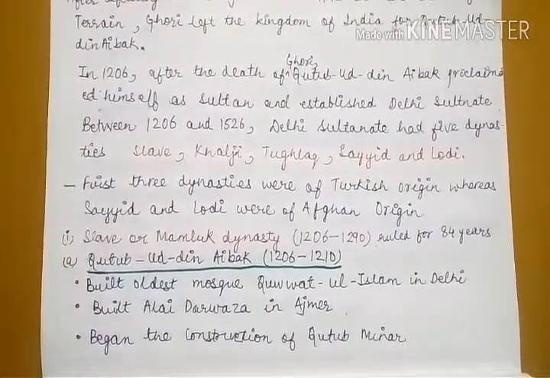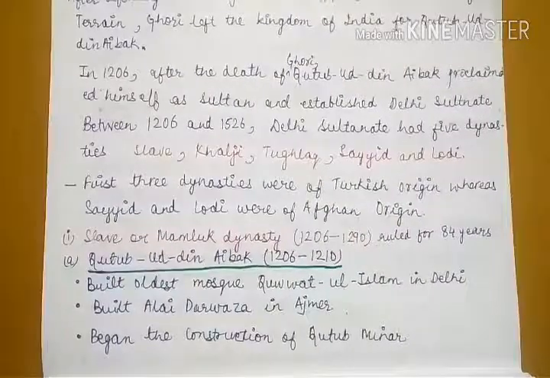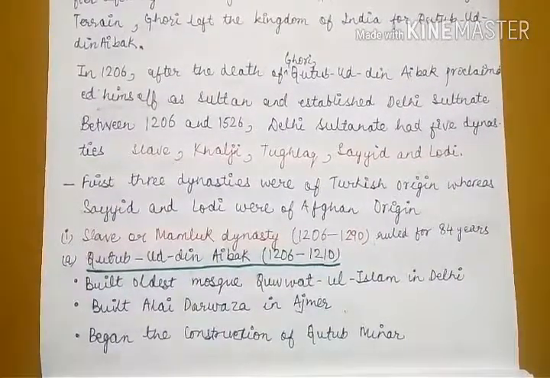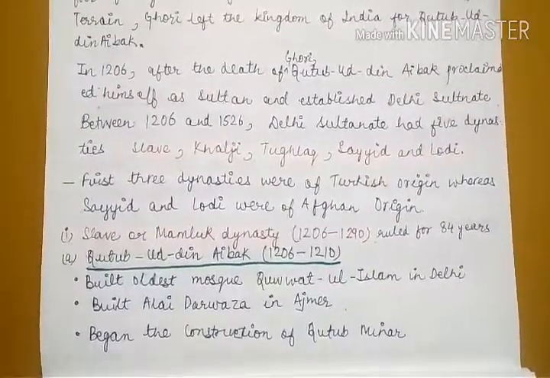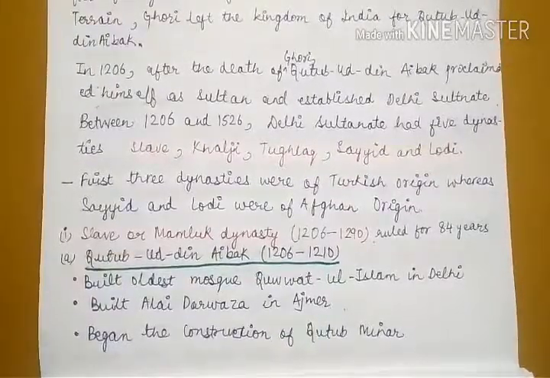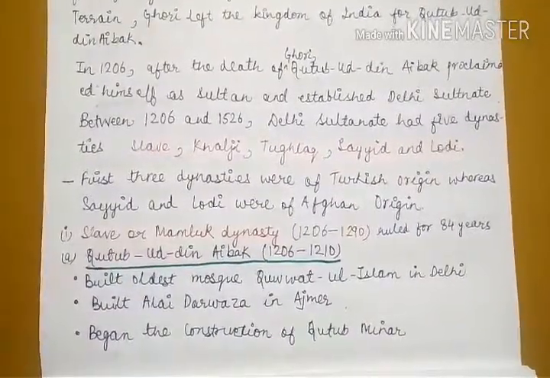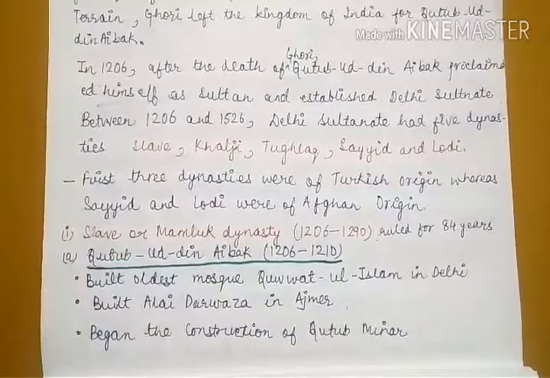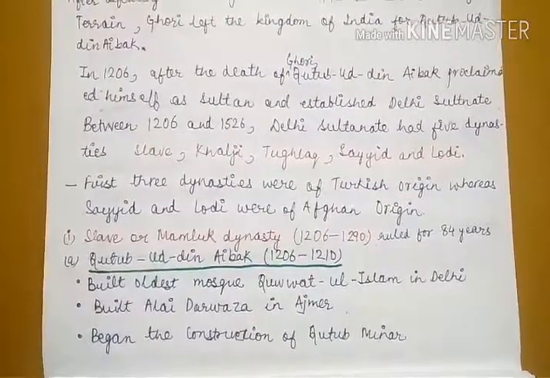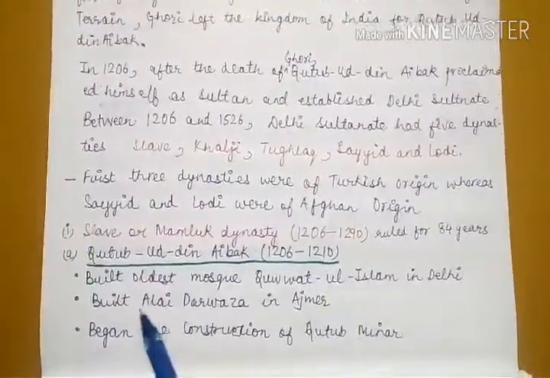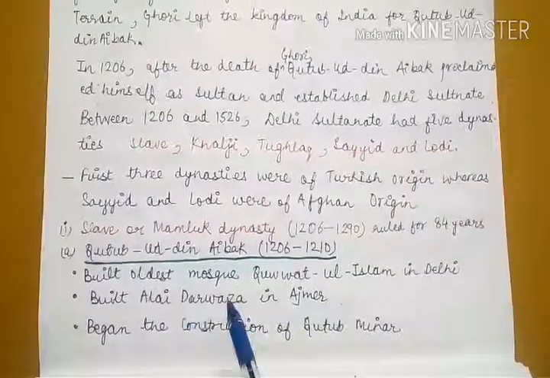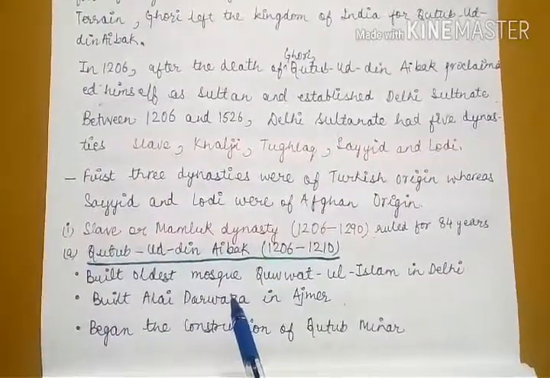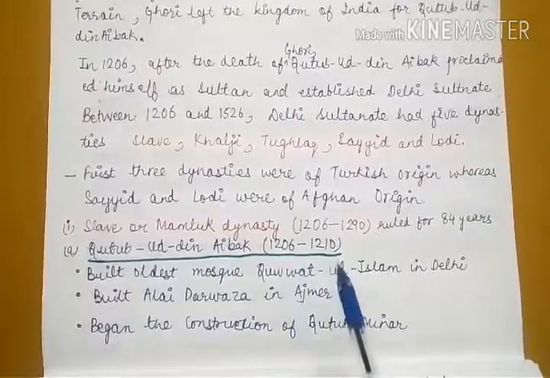The first prominent ruler was Qutbuddin Aibak, whose rule was 1206 to 1210. He was the constructor of Dhai Din Ka Jhopda in Ajmer. He also built the oldest mosque in Delhi, Quwat-ul-Islam.